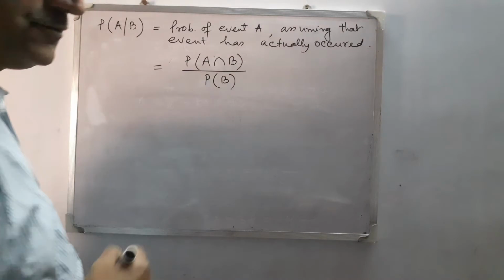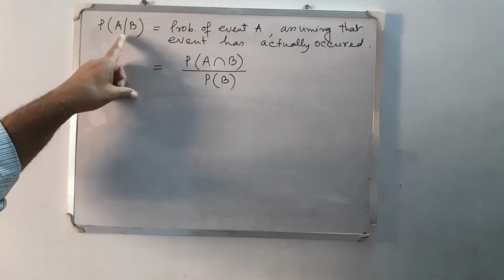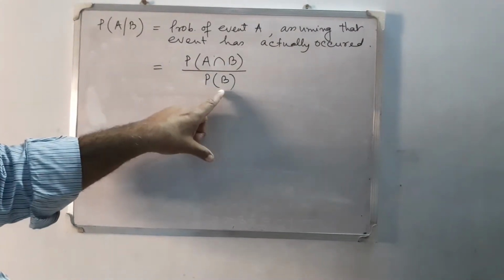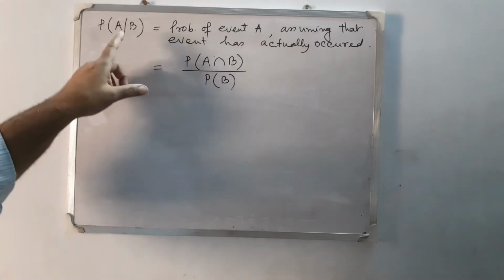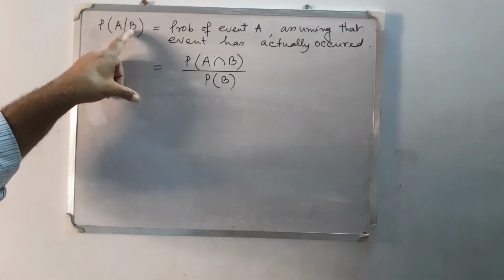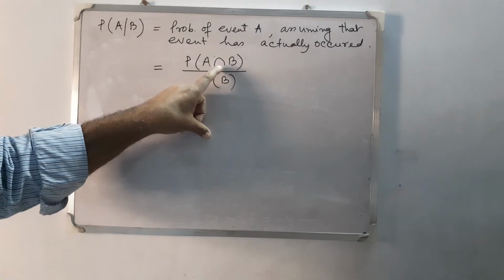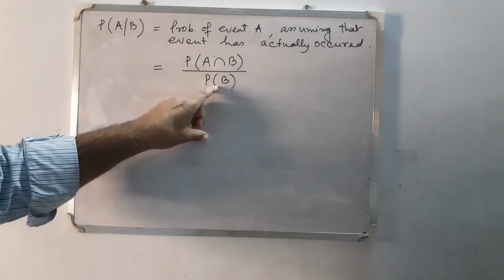Remember it. Whatever remains after the slash, that is B, should be written here, P(B). And the common probability of A and B should be written in the numerator, P(A intersection B) by P(B).